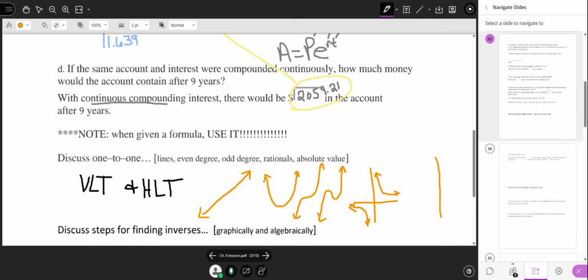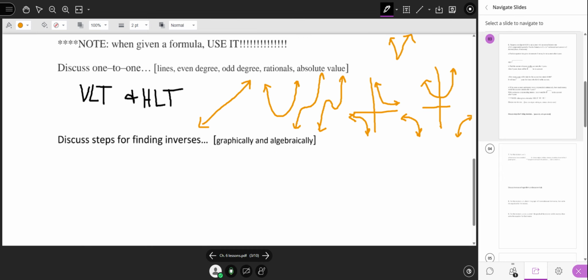The problem is, if it looks like this, it won't. If there's 3 pieces to it. And then there's absolute value, the V shape. It won't pass. Now, that was a lot of information.